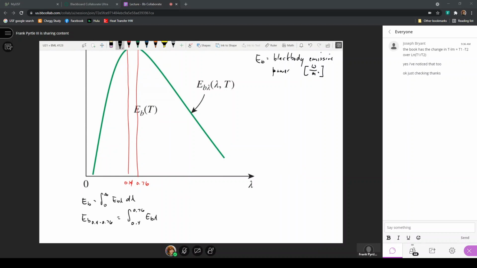That's all. I would just integrate through those particular bounds. Now, this would require that I substitute in an expression for EB lambda. That's an expression of the curve that describes this green line here.